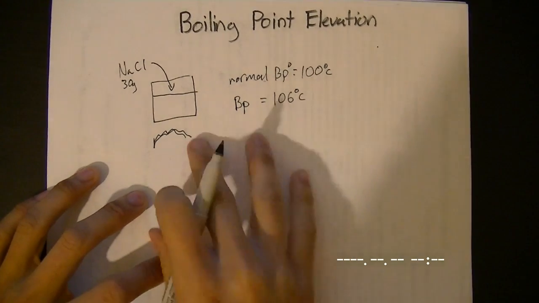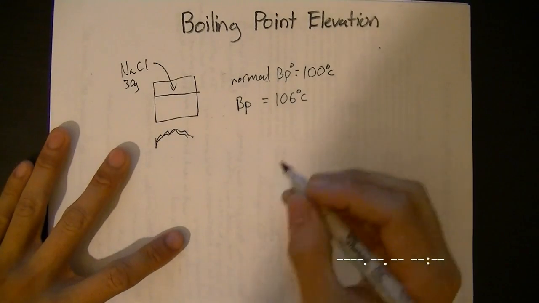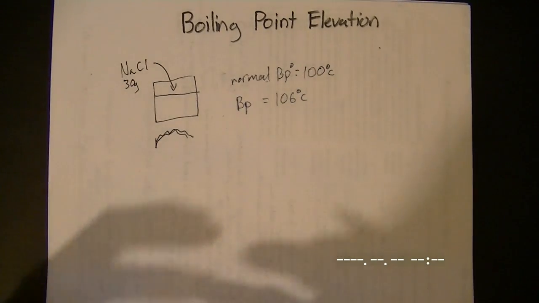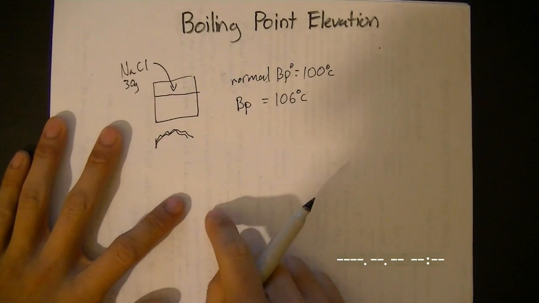And we'll talk a little bit more about why this is in class, because I'd rather have a shorter video here. But there is an equation which allows us to predict at what temperature the new boiling point would be.